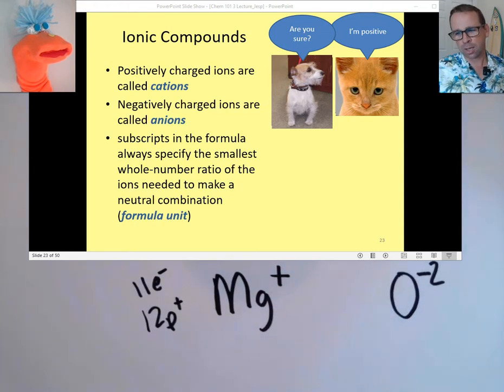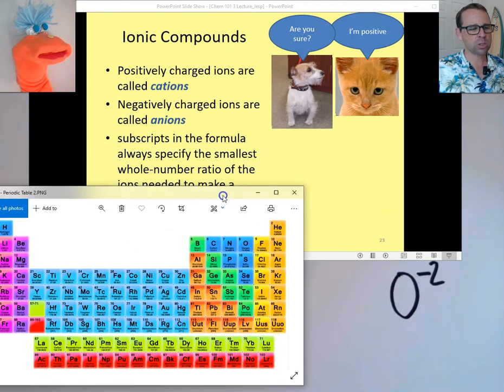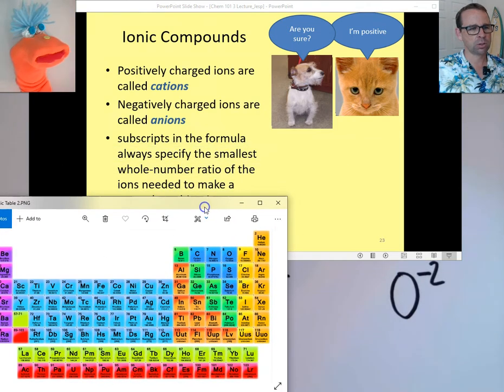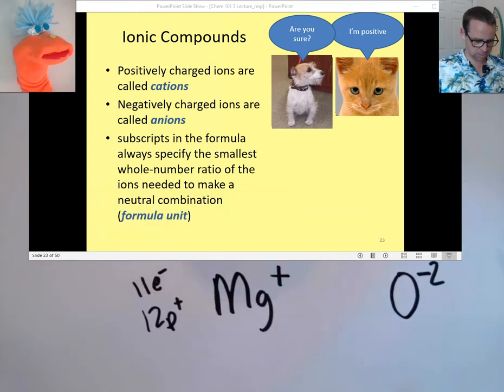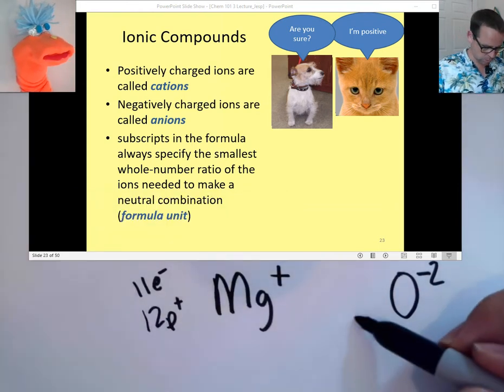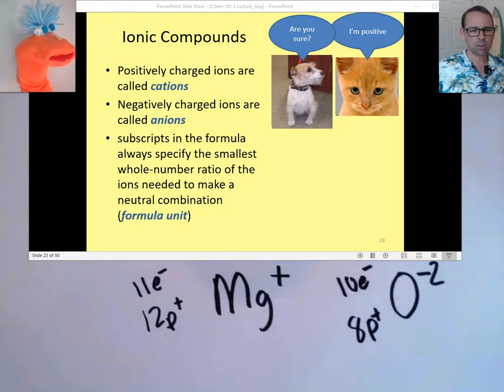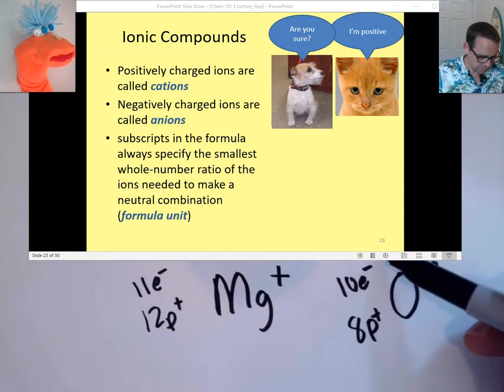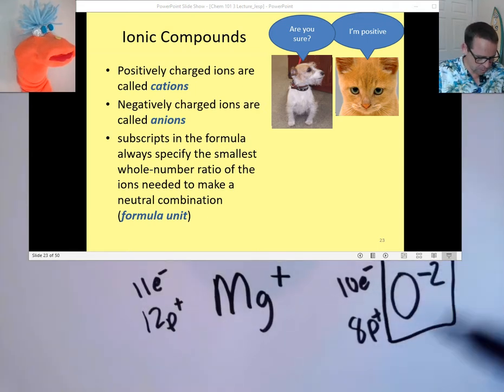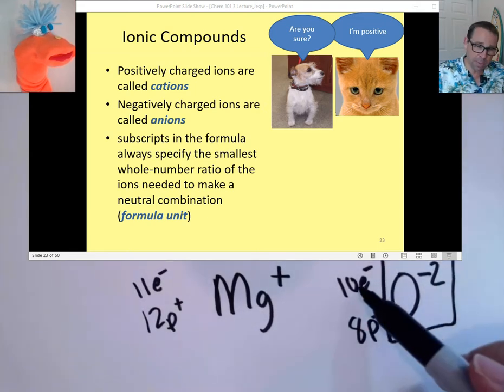So we bring out our periodic table to remind us, how many protons does oxygen have? 8. Good, 8 protons. So how many electrons now? 10. That's right, 8 protons, but now it has 10 electrons with that negative sign on them. These are not the number of protons and the mass number here.